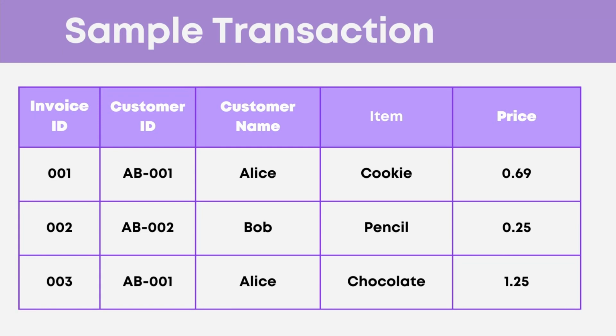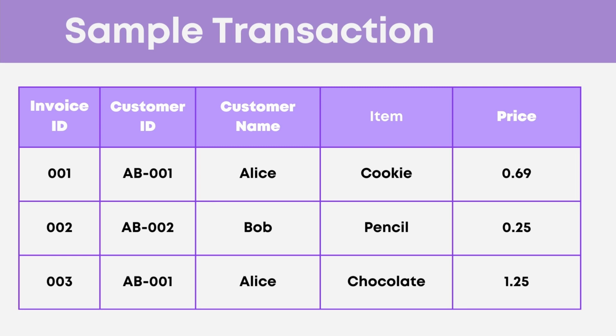If Alice comes to the supermarket again to buy a bar of chocolate, the system will generate a new invoice ID because it's a new transaction, but it will use the previous customer ID generated for Alice and use it when recording this transaction.